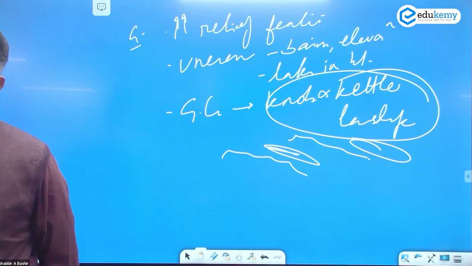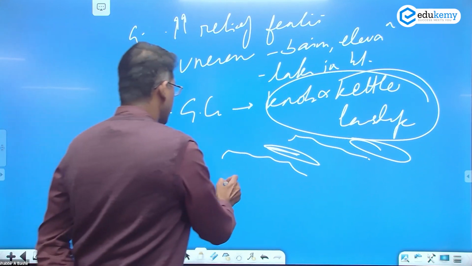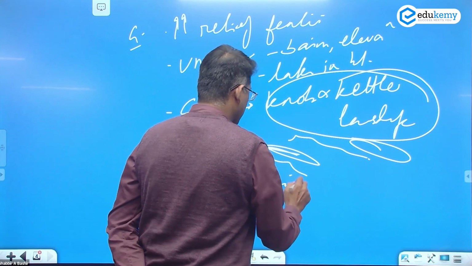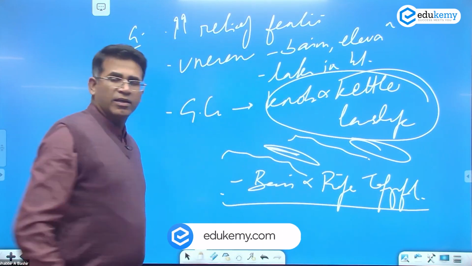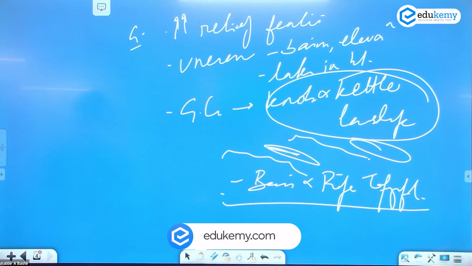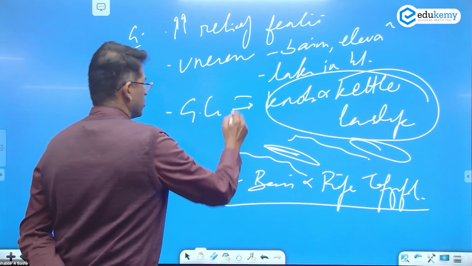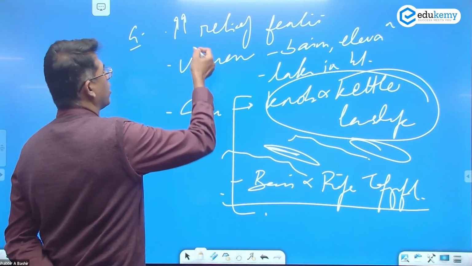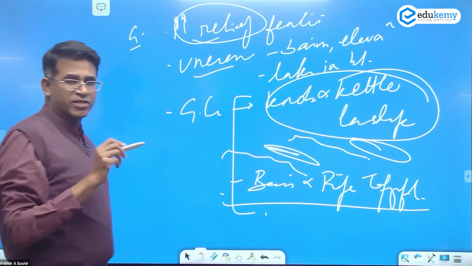Open your glaciation chapter in your Savindra Singh, these terms are all there. This knob and kettle landscape might look something like basin and ridge topography. So elevations, depressions. They're not exactly the same, but these are comparable ones. So your biscuit tray topography is high relief, variations, uneven surfaces.